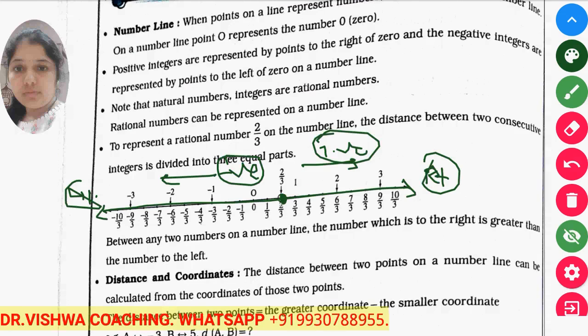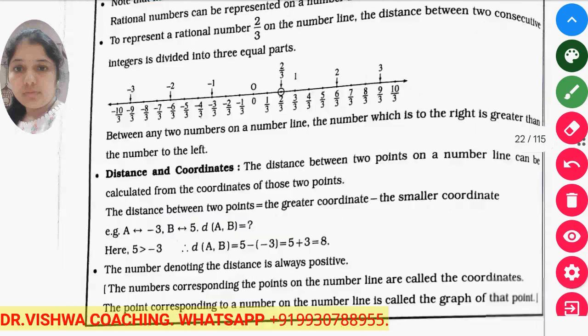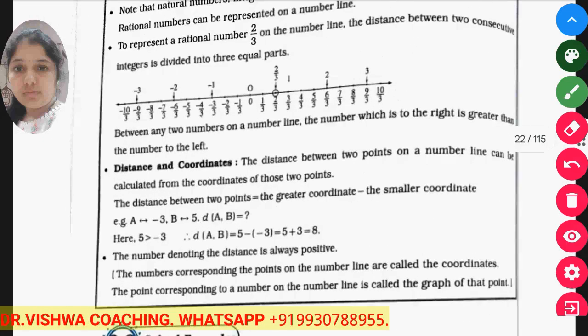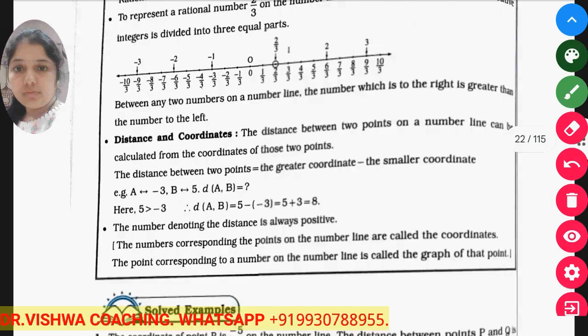Okay, so if I say 2 by 3 is a rational number on the number line, then in between 0 to 1 I divide this segment into 3 parts and I take 2 parts out of the 3 parts. Like fractions, we divide the 1 unit into 3 equal parts and then take the 2 parts.